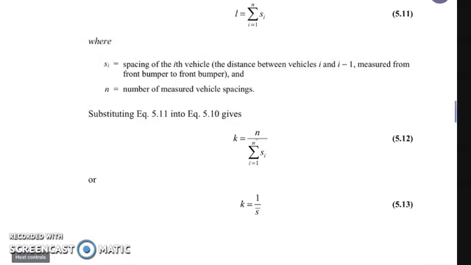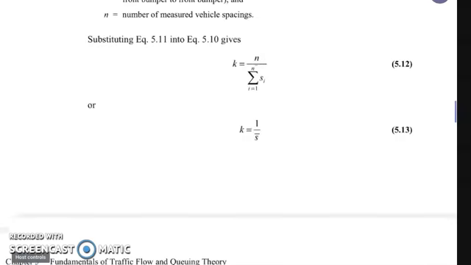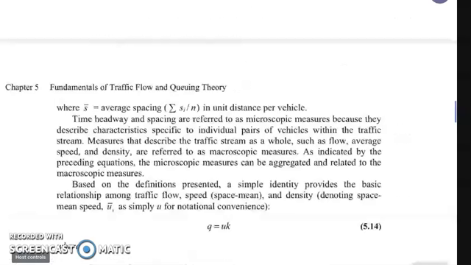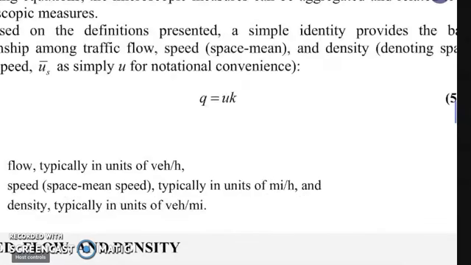That is, we can have our Q, which is our traffic flow in vehicles per hour, equivalent to U times K. So this is our equation: flow Q is equivalent to speed, denoted by U, multiplied by K, which is our density.